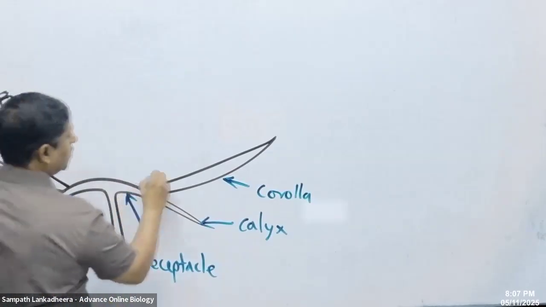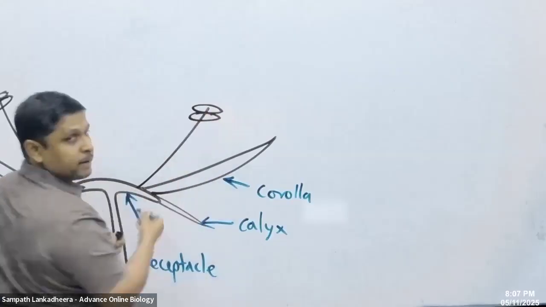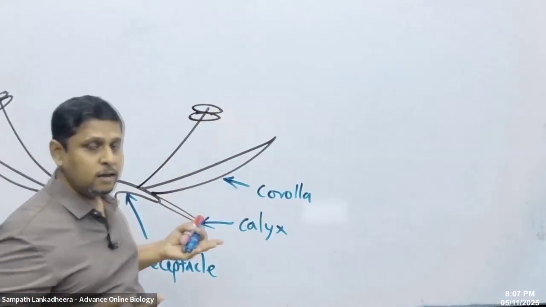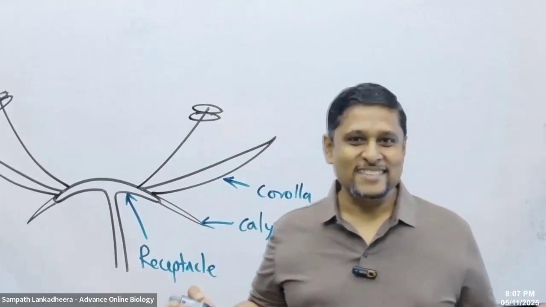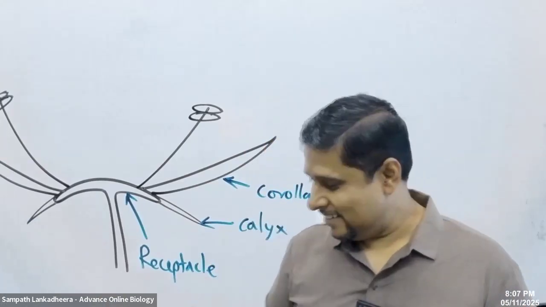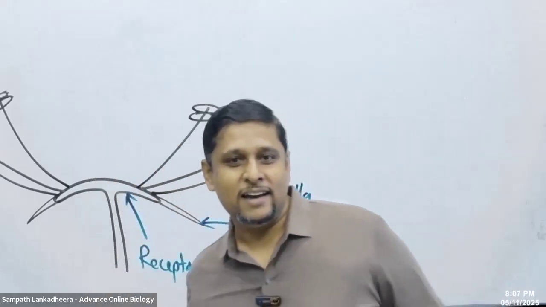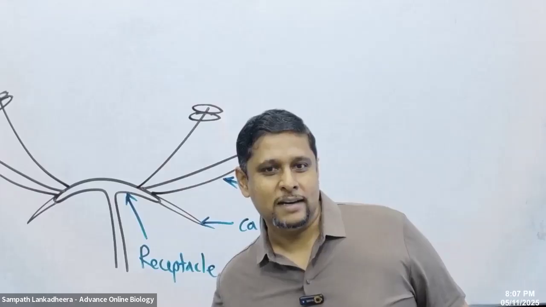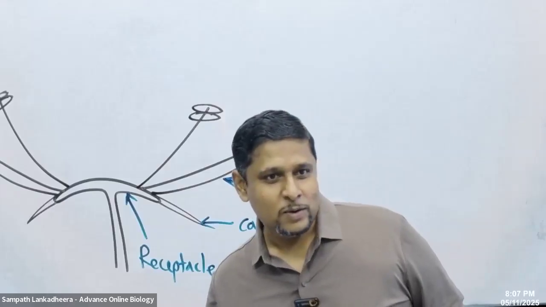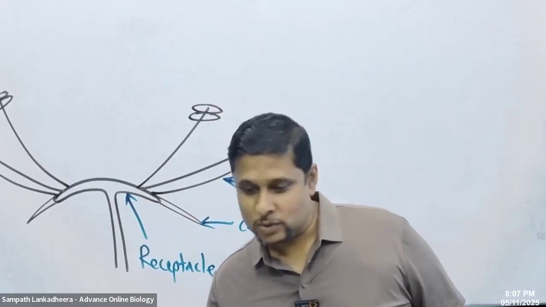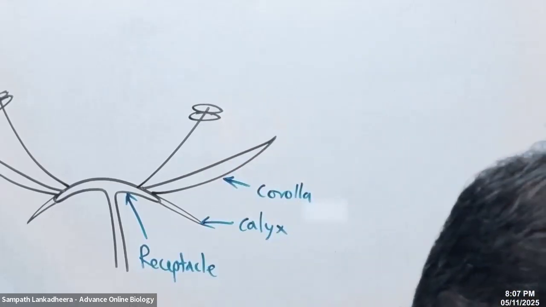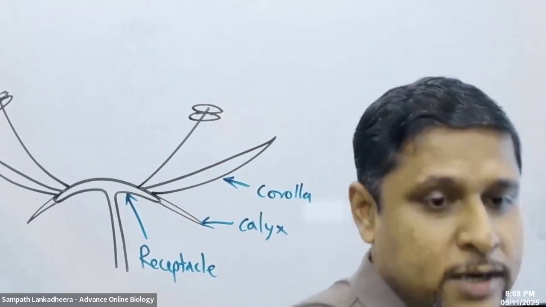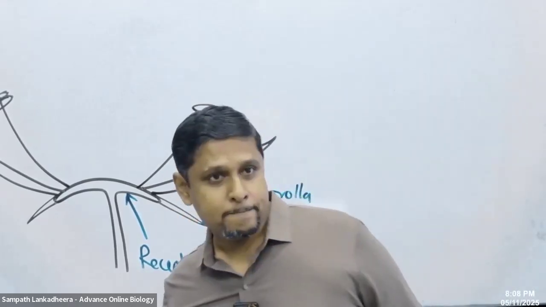And then we have this. What is this? Come on. This is the male part of the flower. What is it? Please send it. I have opened the main chat for you so you can chat with me.